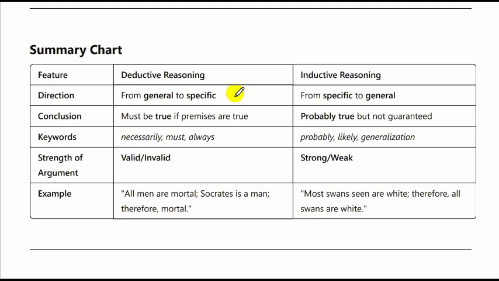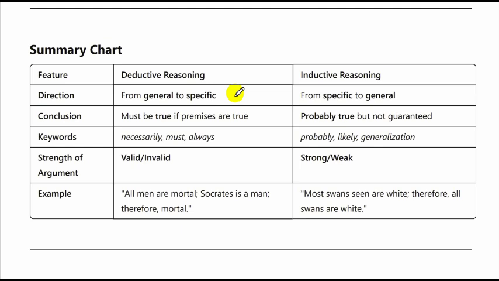Deductive arguments or reasonings are valid or invalid, whereas inductive reasoning arguments are either strong or weak, because inductive reasoning arguments will be strong if there are more observations, there is more strength in those observations.